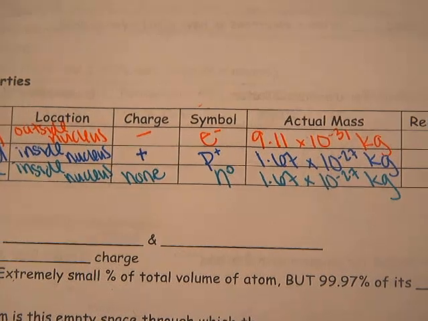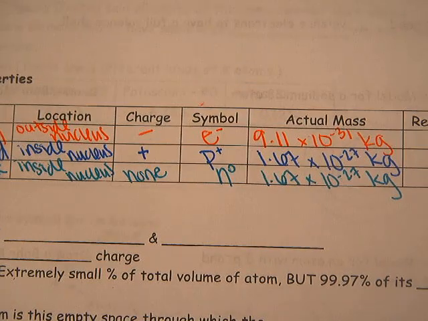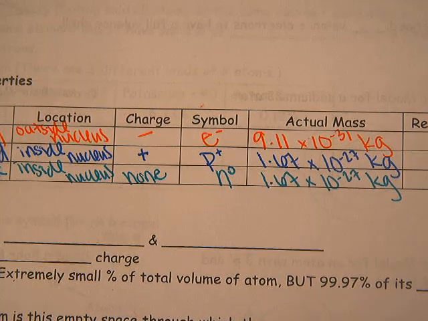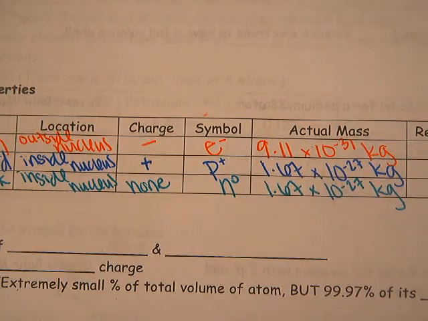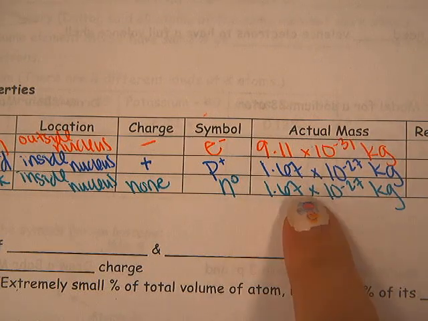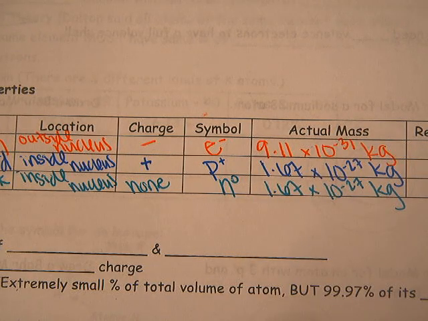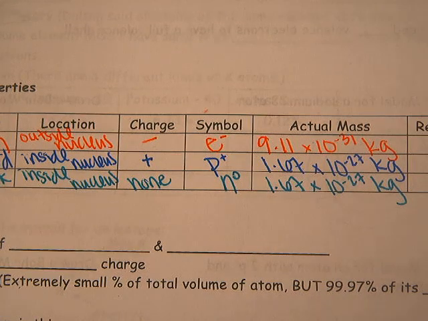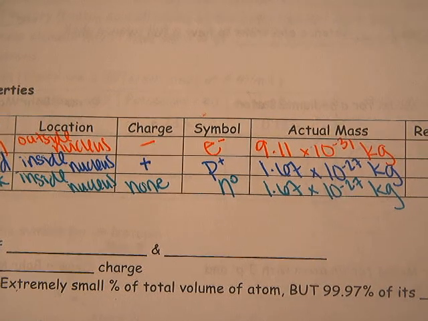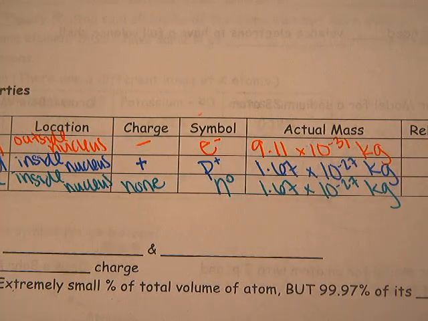So instead of actually using their actual masses at any point in this class, we refer to their relative masses just to make it easier on us. So if we're looking at these, can you tell which number is bigger, 1.67 times 10 to the negative 27th or 9.11 times 10 to the negative 31st? Which one is a larger number? The one on the bottom. Okay, so 1.67 times 10 to the negative 27th.